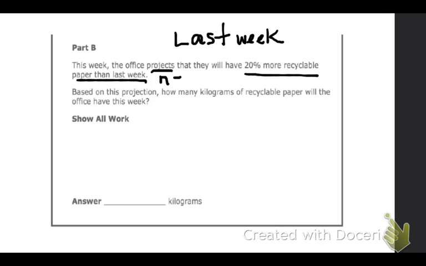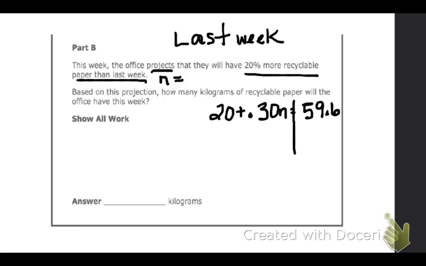Okay, so what is our equation? Our equation that we got was 20 plus 0.30n equals 59.6. That's how much money they spent. So let's figure out how much paper they had last week.